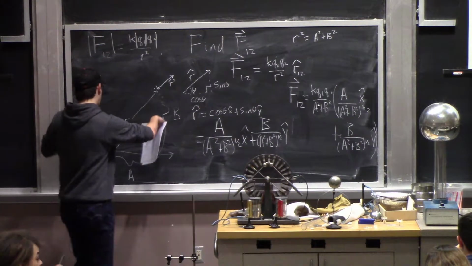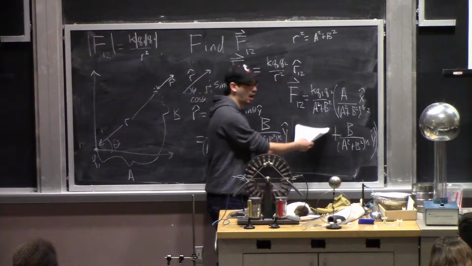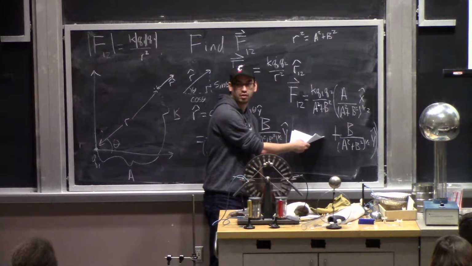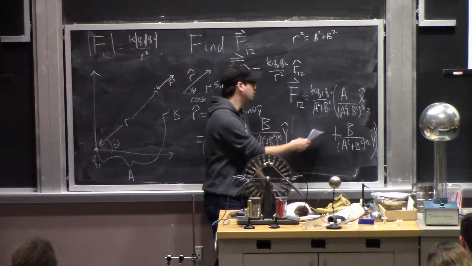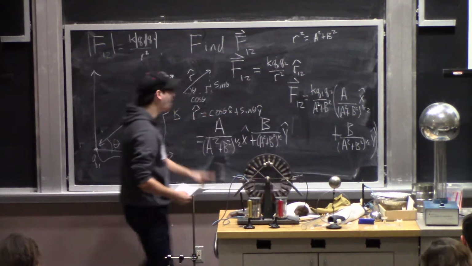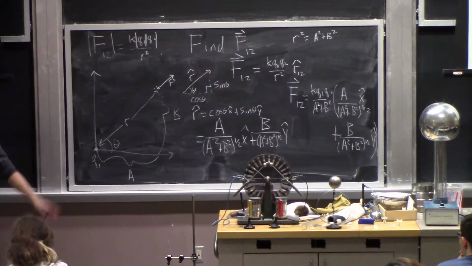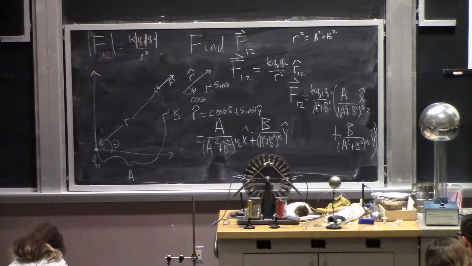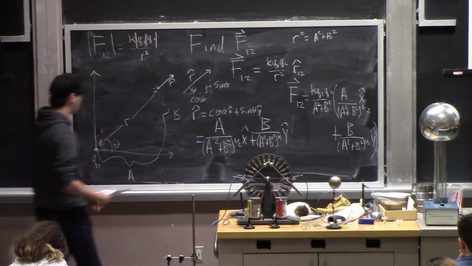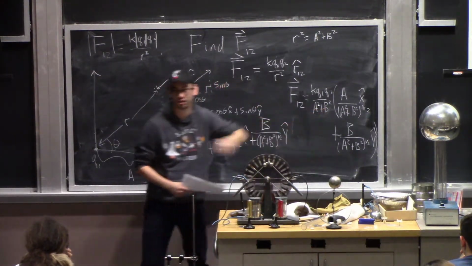If I have two positive charges, is this equation going to be positive or negative? Positive, right? Because I have a positive times a positive. If I have two negatives, say an electron and an electron, is this equation going to be positive or negative? It's going to be positive. If I have an electron and a proton, is this equation going to be positive or negative?